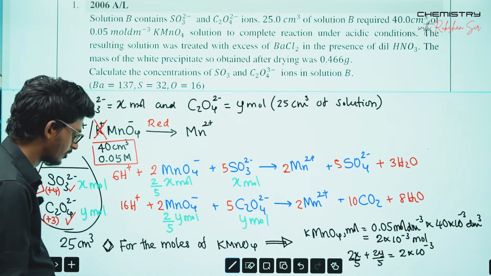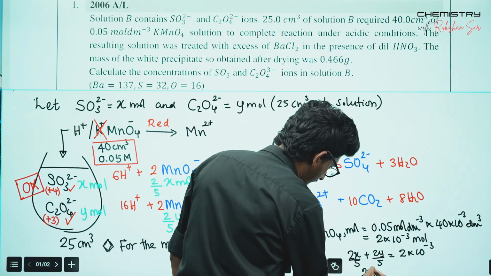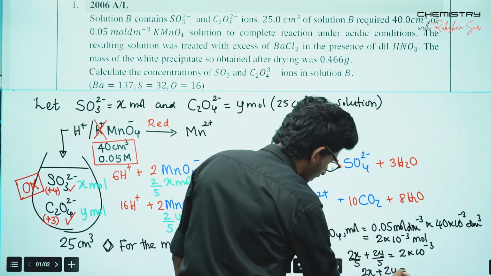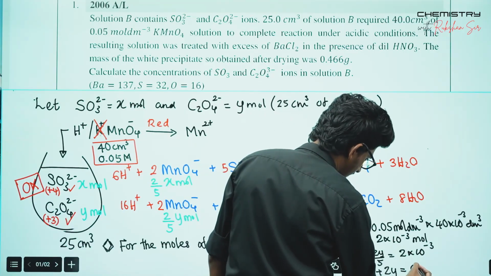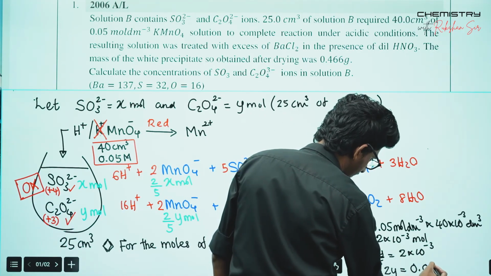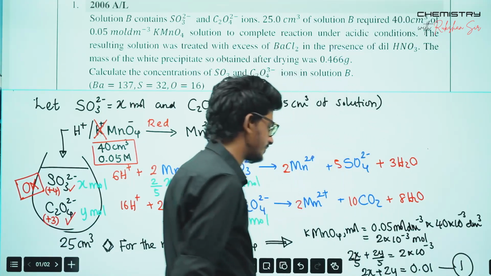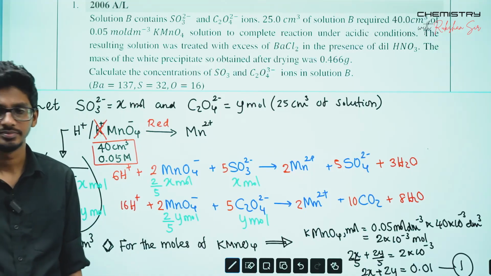If you complete the linear form, we can write 2x plus 2y is equal to 10 × 10⁻³, that is 0.01. That is equation number 1. Got the idea, no?